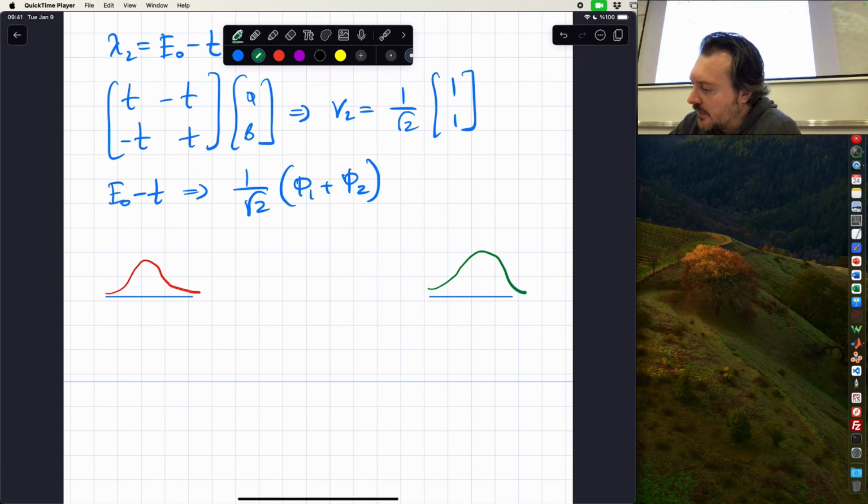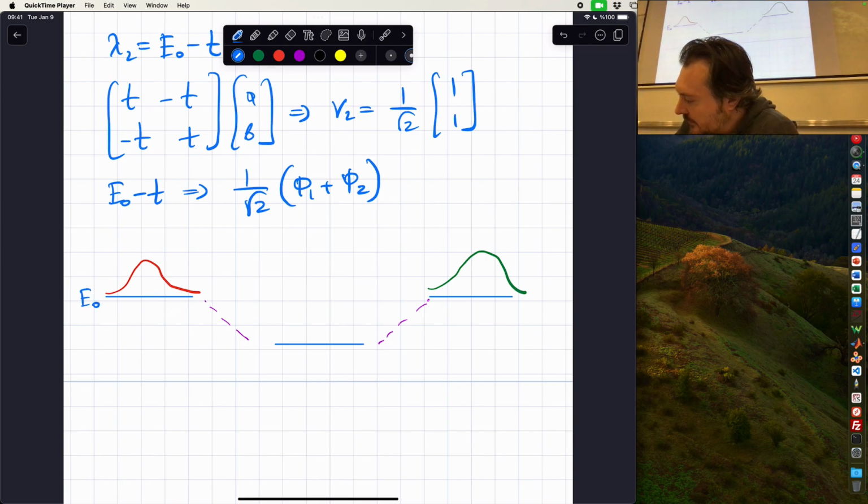But when they come together, there is a lowering in the energy. So this is E0, this is E0, this is E0 minus T.